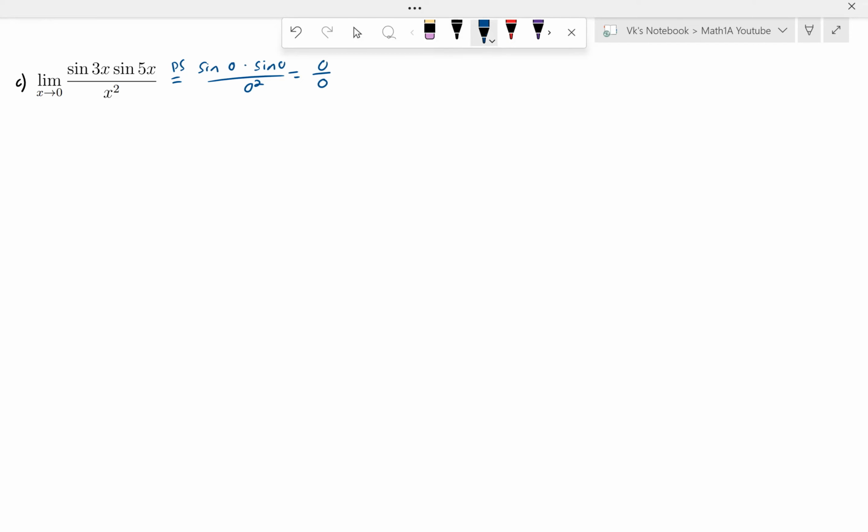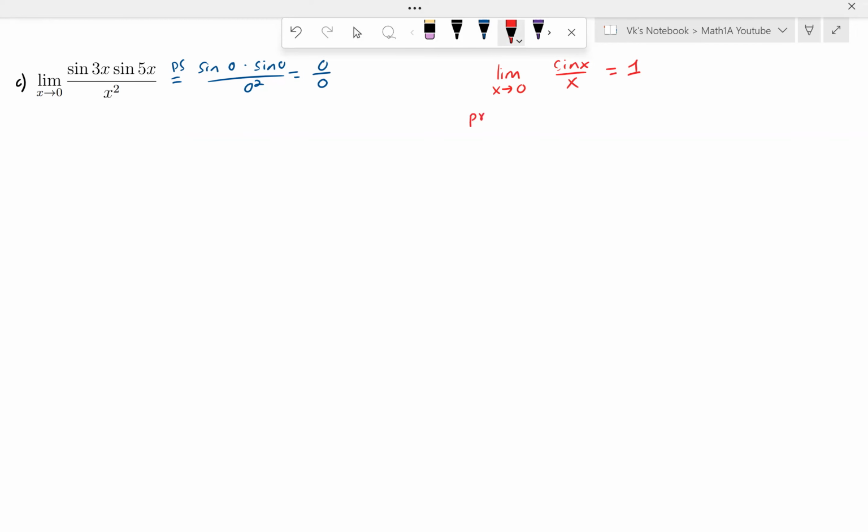It can be a little clunky taking the derivative of the top and the derivative of the bottom. There's a much better way to deal with this form, and that is, we can use the limit as x goes to 0 of sine x over x equals 1.